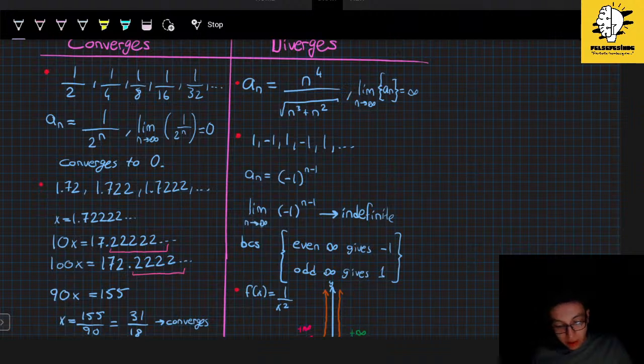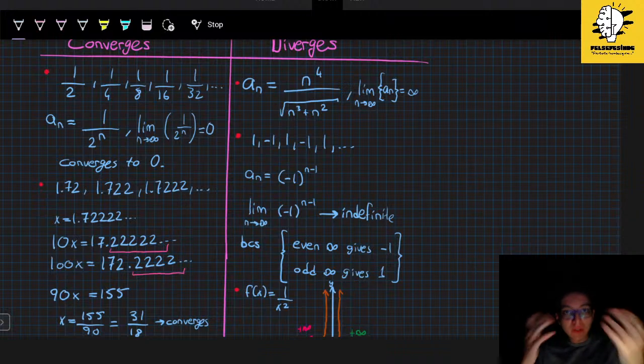This is the notation. Now, when I substitute infinity into my n, I realize that I have something indefinite. Why? Because if my infinity value is an even number, my series will give a negative 1 result.